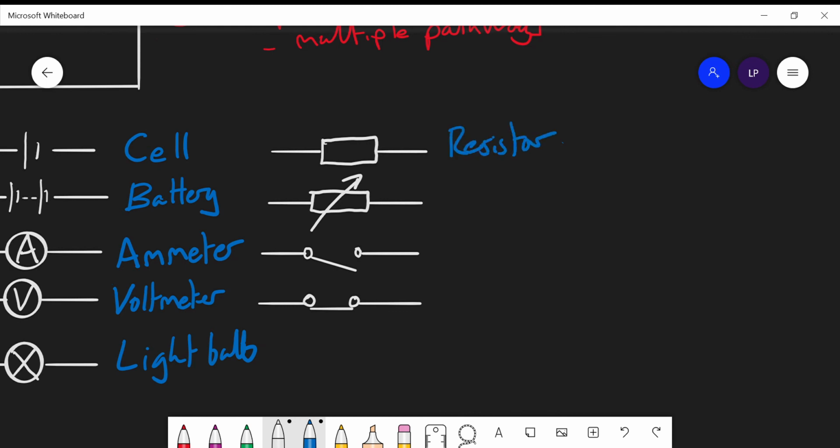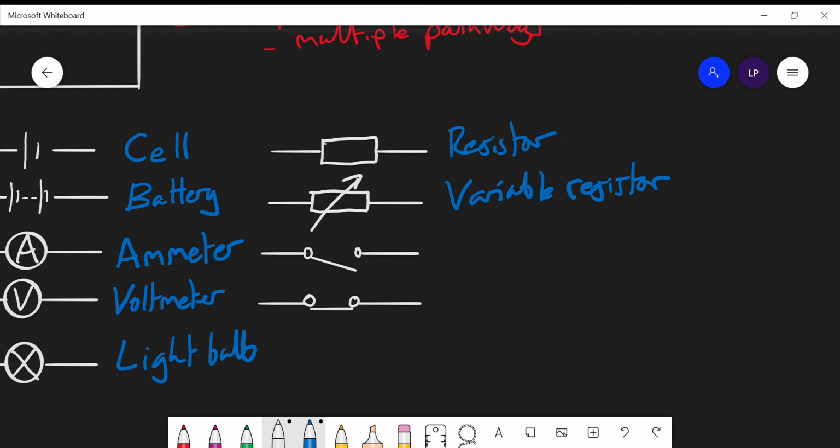This can add a specific amount of resistance to a pathway, which will be very important when we start talking about things like parallel pathways and the flow of current. But if you get a triangle with an arrow for it, this is a variable resistor. Very useful in comparing how resistance changes and how that affects voltage and current.